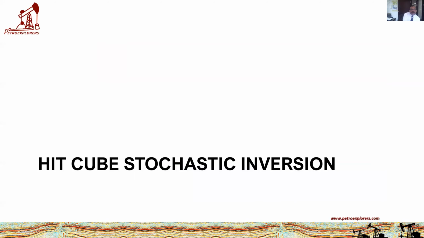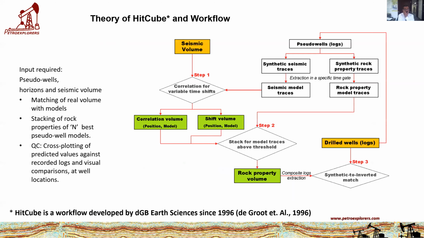So that leads us into the last, main topic, the HitCube stochastic inversion. It is a newer method, about the last 10 years, but it has been applied. The HitCube inversion is building rock property models in much more detail. You're building synthetics for every possible scenario, like wet versus gas versus oil, as well as sand versus shale.